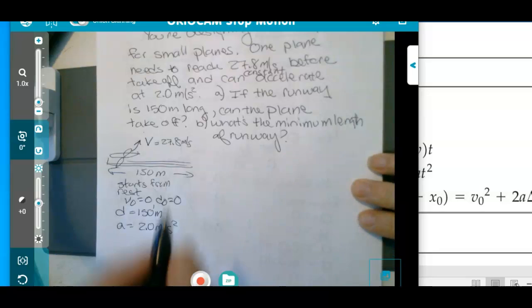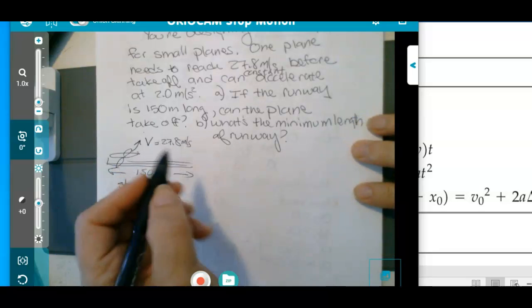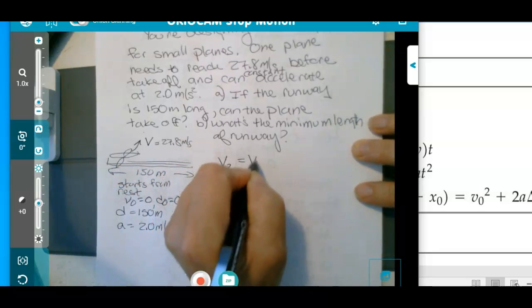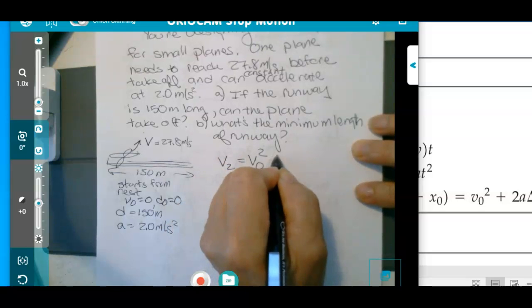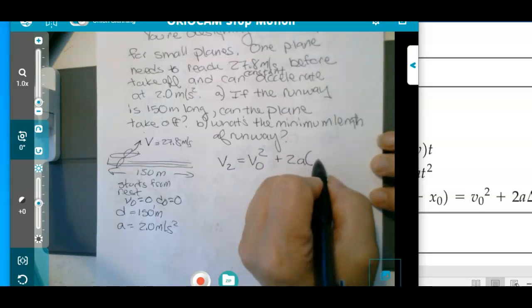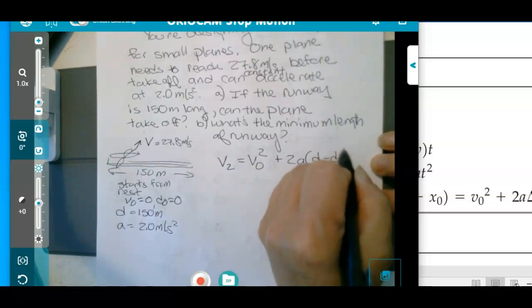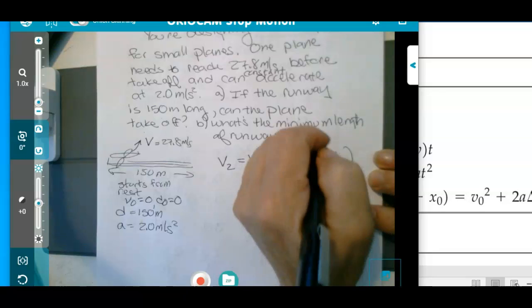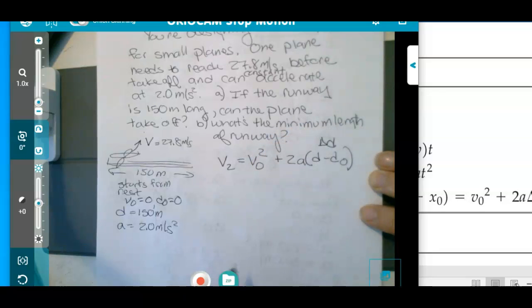So if I look at that equation, we have v squared is equal to v0 squared plus 2 times a times basically our d minus d0. Remember back when we did velocity, that would also be considered the delta d.